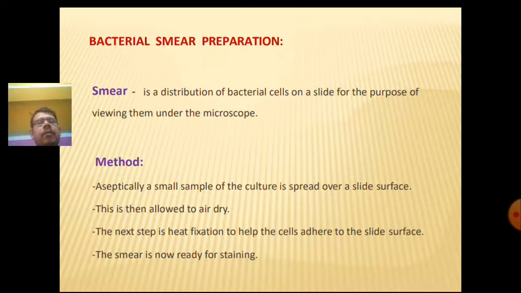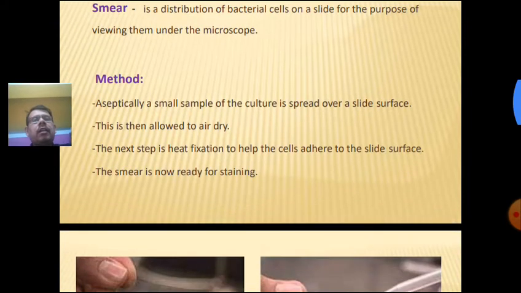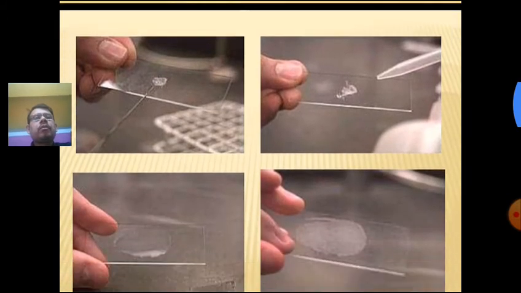The next step is heat fixation, to help the cells adhere to the slide surface, and the smear is then ready for staining. A thin film is formed by spreading with another slide. This is the procedure: first, take one slide and wash it with an alcoholic solution, then dry it.